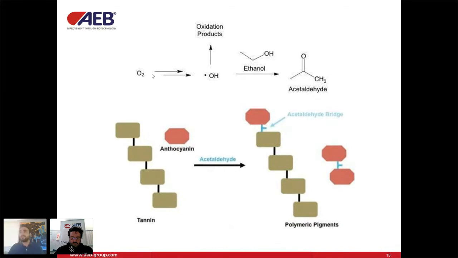And what happens is that in a barrel, the oxygen reacts with the ellagic tannins of the wood that get oxidized and produce peroxide. This peroxide reacts with ethanol, creating acetaldehyde. And once this acetaldehyde is formed, it can then help bind these tannins and anthocyanins to create the more stable color, this polymeric pigment.